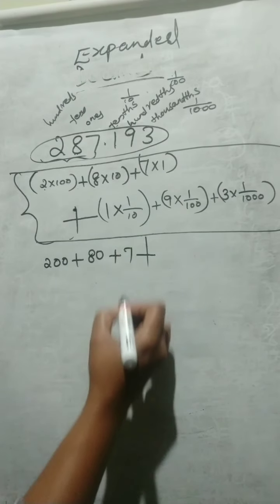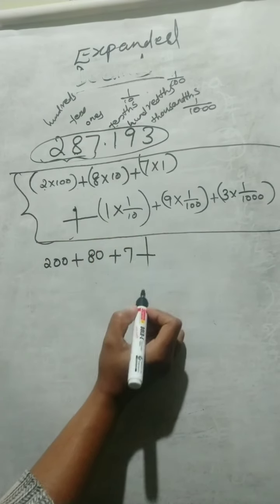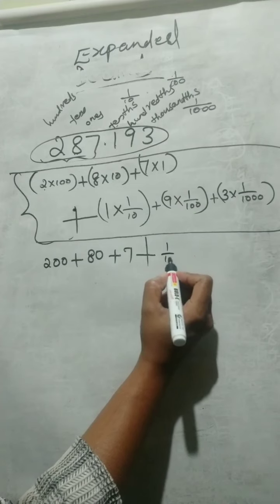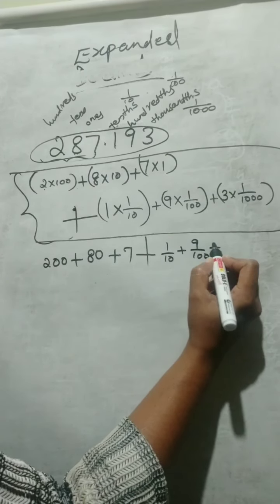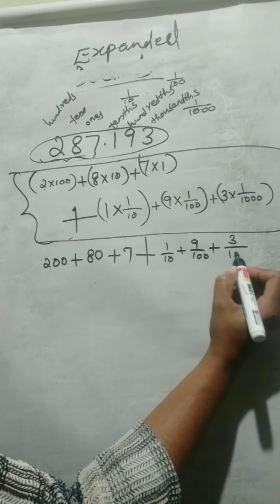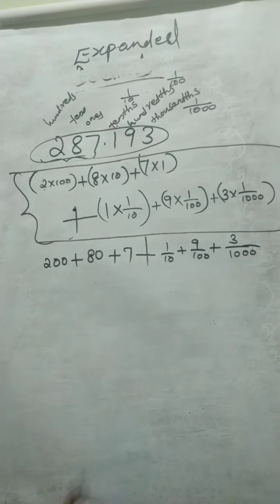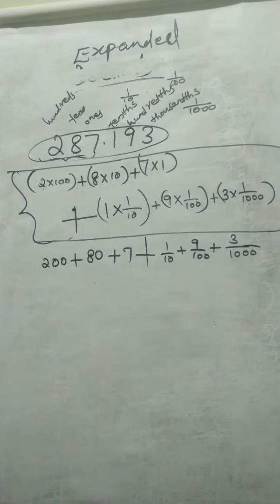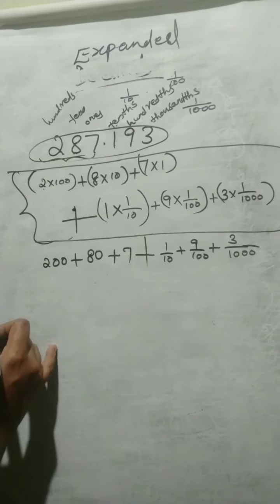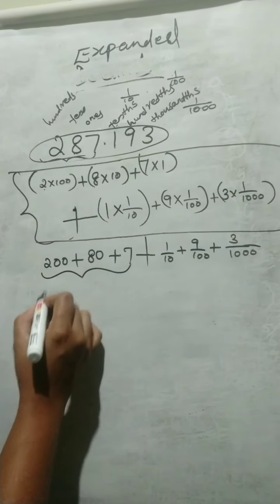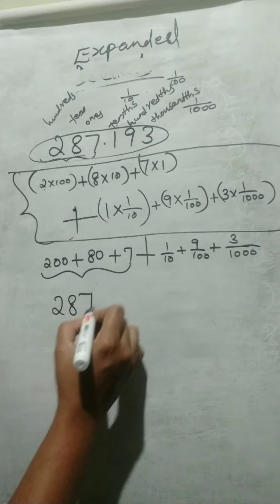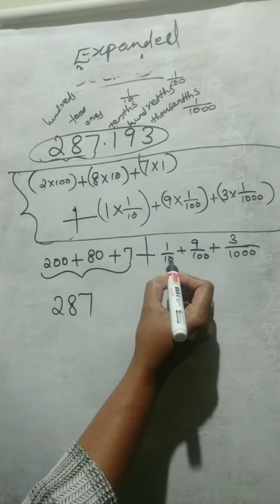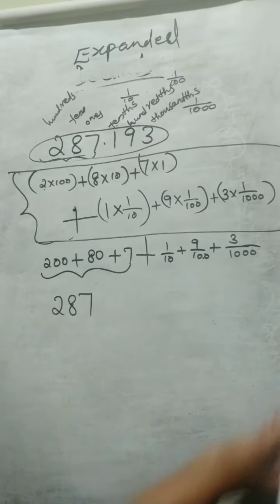Then plus 1 times 1 on 10, that is 1 on 10 itself, plus 9 on 100, plus 3 on 1000. Clear? Then we can write 200 plus 80 plus 7 as 287.